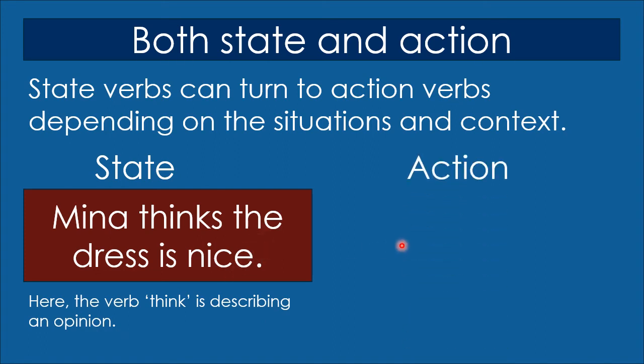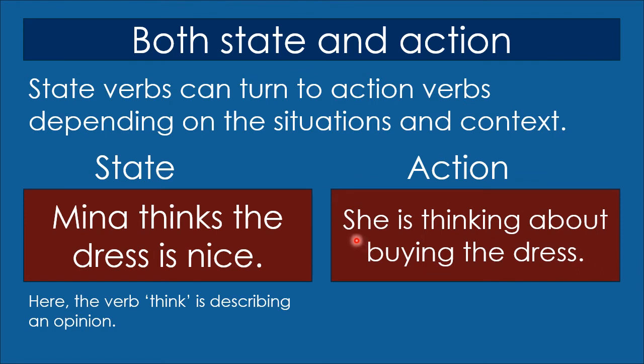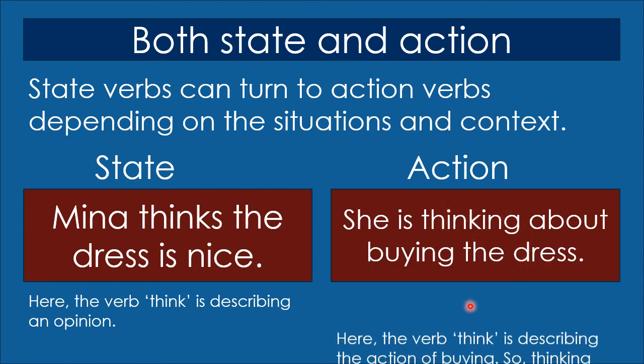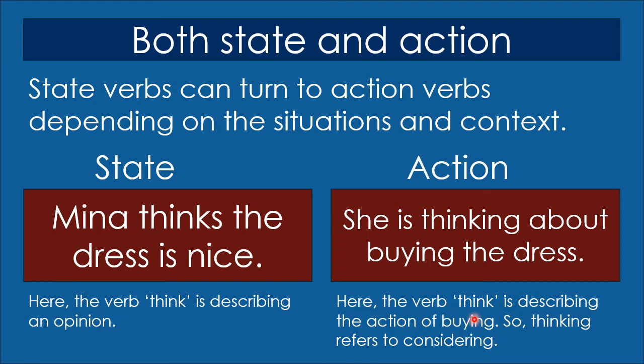Look at the example again. She is thinking about buying the dress. Here, think is used as an action verb because the verb think is describing the action of buying. So, thinking refers to considering.